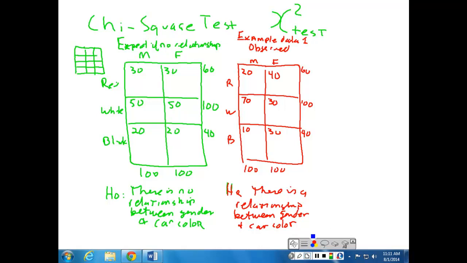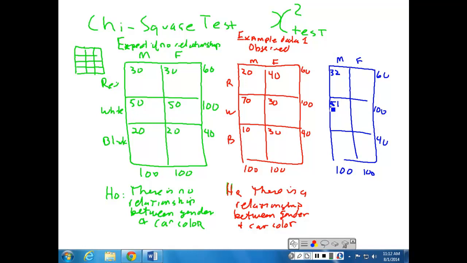So let's say, now that wasn't the data. That's one possibility. Let's say that we had this data. This is degrees of freedom. This problem has 2 degrees of freedom. Because now, once I've looked out in the parking lot and counted the people in the place, and once I've actually gotten that there are 32 males in red cars and 51 males in white cars, everything else is determined, not free to vary.